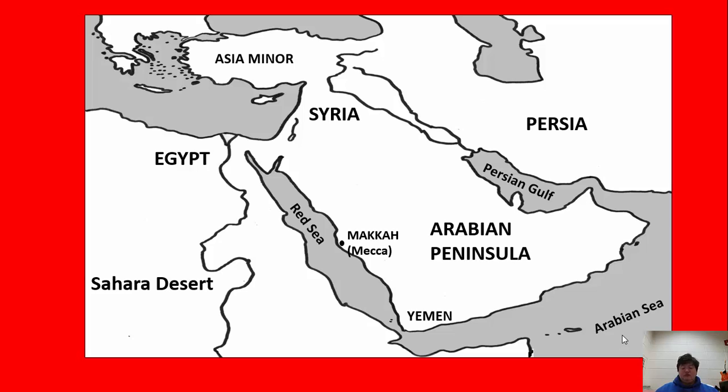Label that. And we have this little strip right in here in the middle between Syria and Persia called Mesopotamia. You learned a little about Mesopotamia in earlier chapters. So label Mesopotamia.